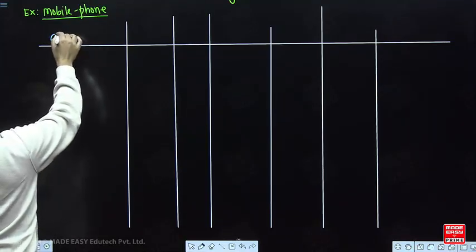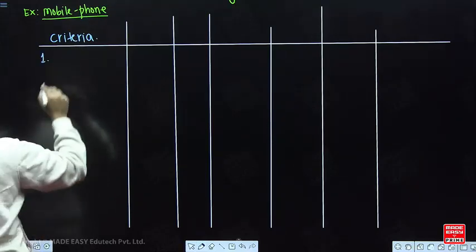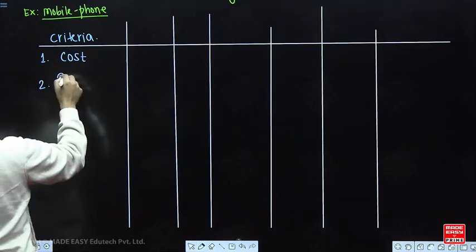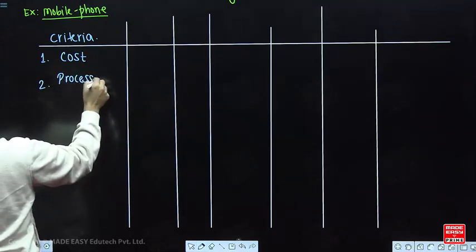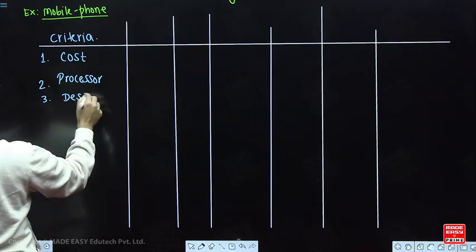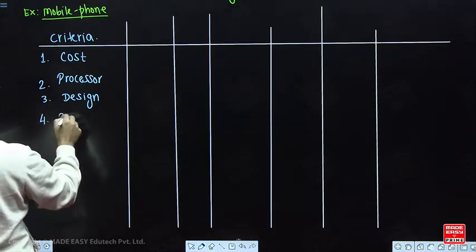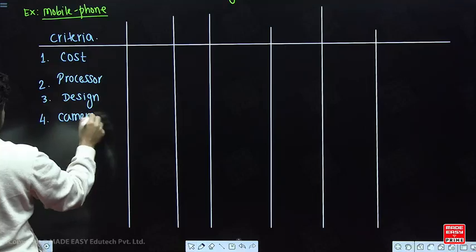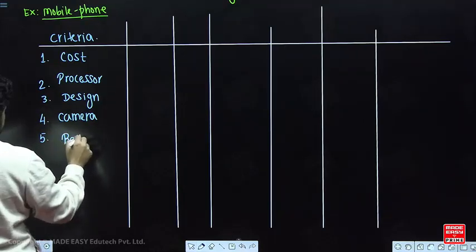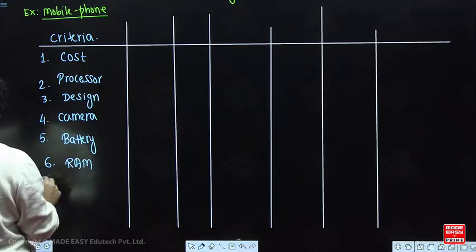Okay, so let us say this is the criteria. Number 1, cost. Number 2, processor. Number 3, design. Number 4, camera. Number 5, battery. Number 6, RAM.